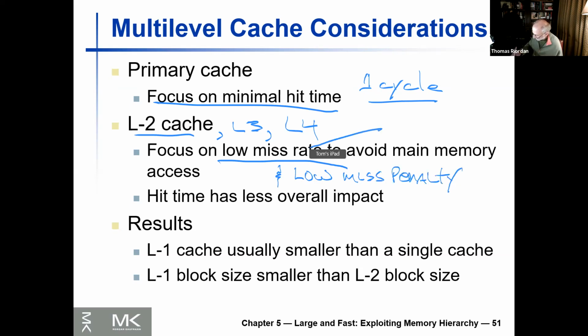So the low miss rate comes from size. Got to make it big. And the low miss penalty has to be integrated.